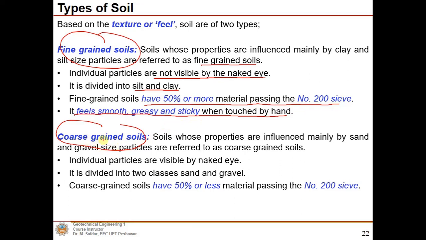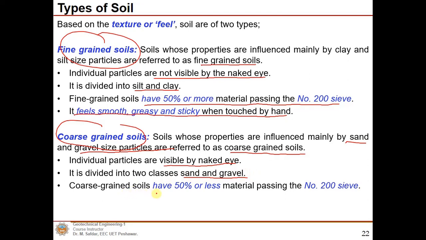On the other hand, coarse grained soils are those whose properties are influenced mainly by sand and gravel size particles. Individual particles are visible by naked eye. It is divided into two classes, sand and gravel.